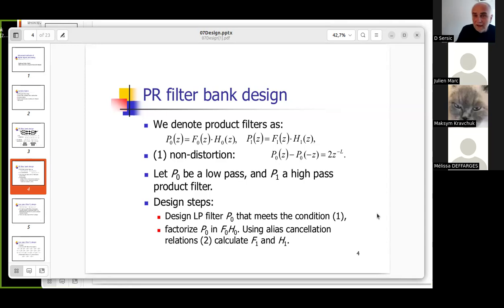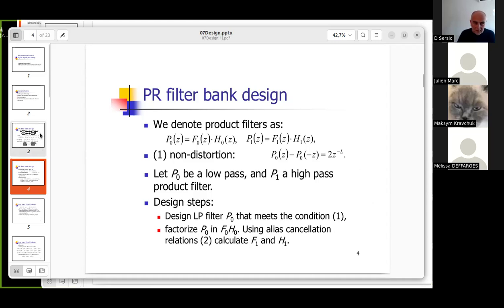So let's start designing. Here we have the recipe. Let P0 be a low-pass filter and P1 a high-pass product filter. Step number one: let us design the low-pass filter P0 with some desired properties, but the one that meets condition number one.